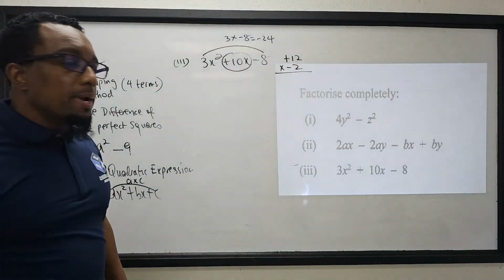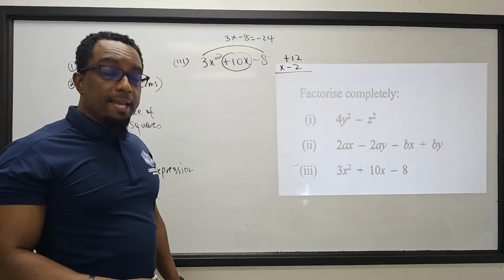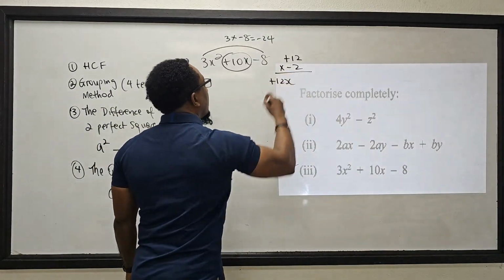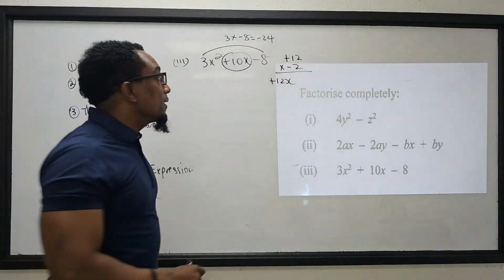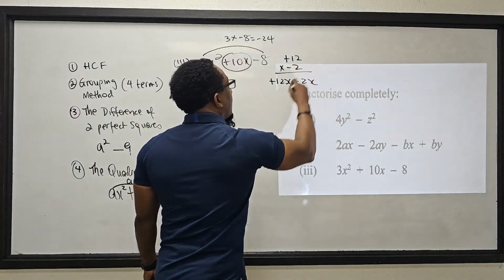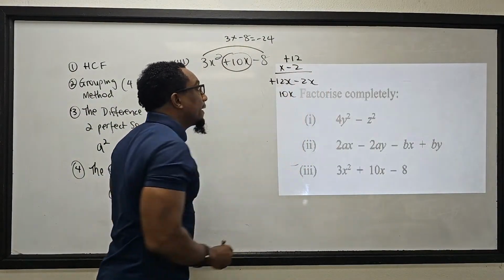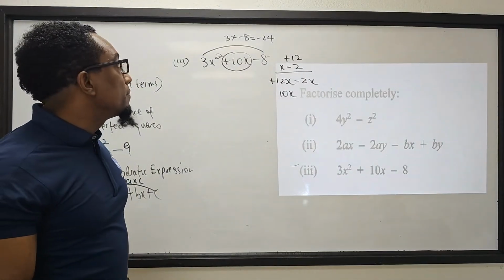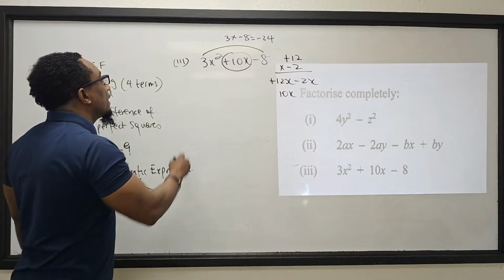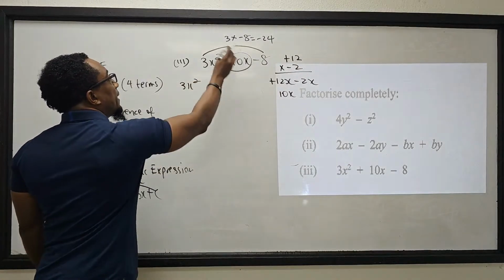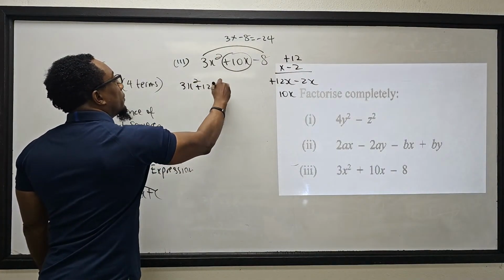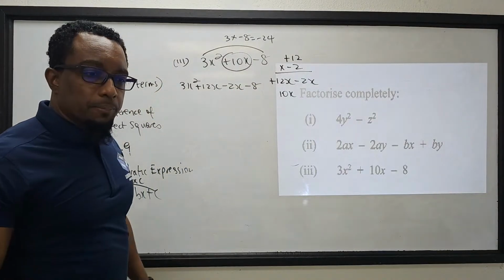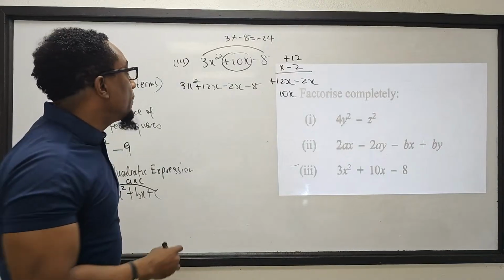So positive 12 by negative 2 will give negative 24, but positive 12 will attach x, and negative 2 attach x will give us 10x, your middle term achieved. And once you arrive at your middle term, you're going to rewrite the expression as 3x squared, replacing plus 10x with plus 12x minus 2x minus 8. You're going to split into 2 pairs.